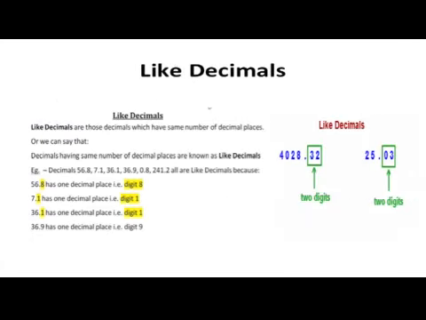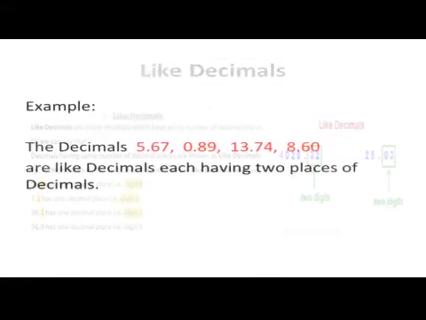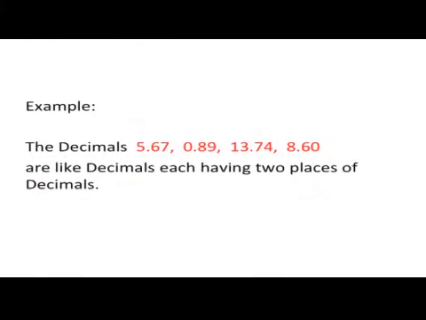Like decimals: decimals having the same number of decimal places are called like decimals. Examples: 5.67, 0.89, 13.74, 8.60 are like decimals, each having 2 places of decimals.